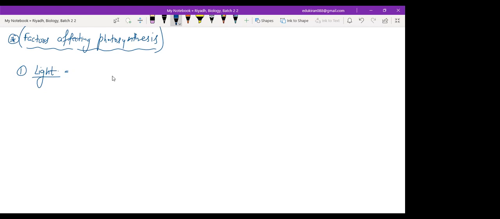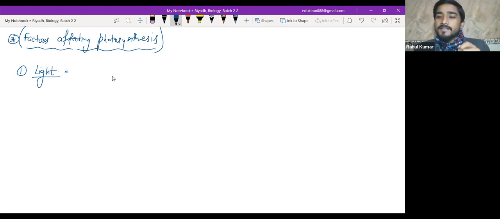Photooxidation. Of what? Chlorophyll. Exactly. So there is a chance that chlorophyll A itself can get broken up. There can be a breakdown of chlorophyll A, like light dependent breakdown at higher intensities. It's like our eyes. Let me give you an analogy. Can we see very well in dim light?